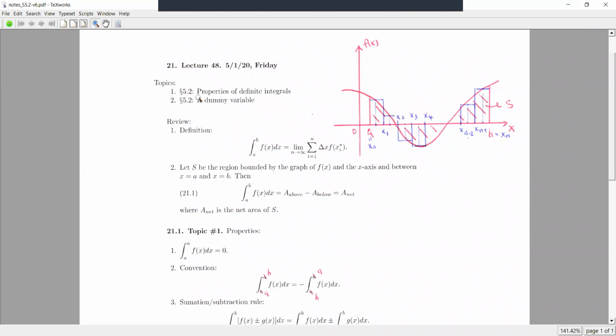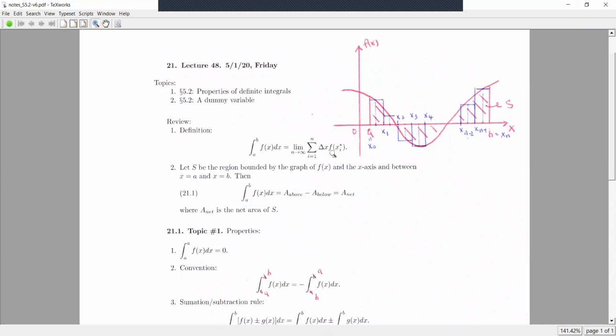Today, I present these two topics: properties of definite integrals and a dummy variable in the integral notation. Have a review first. Number one, an integral is a limit, the limit of this sum.